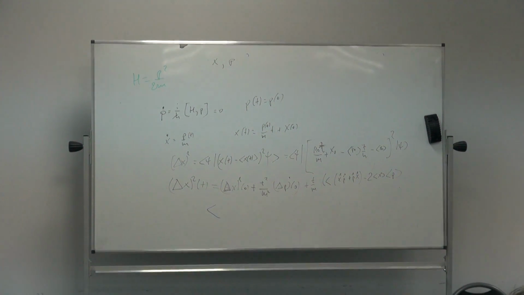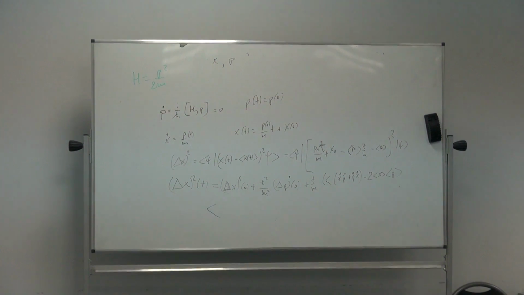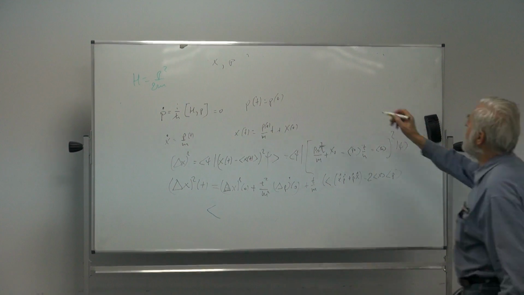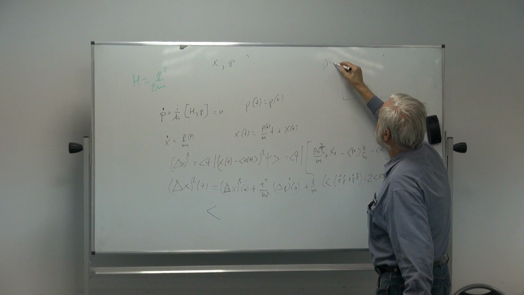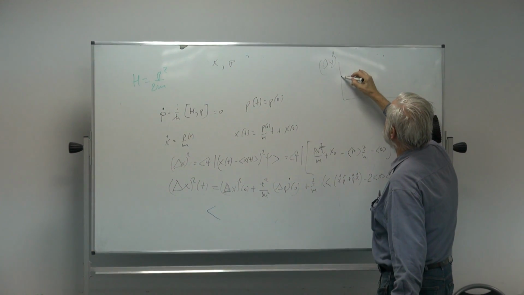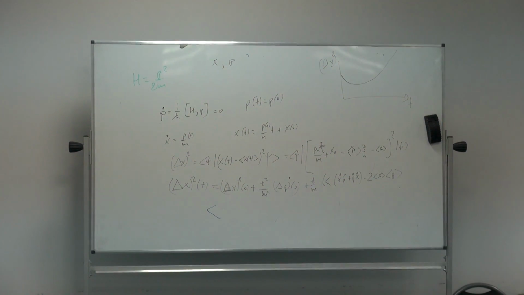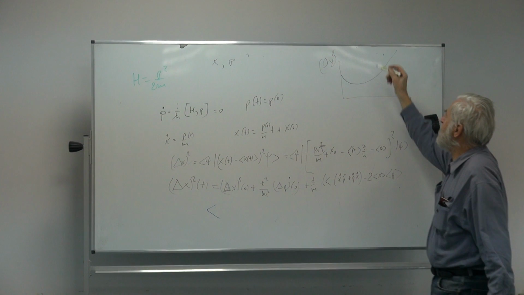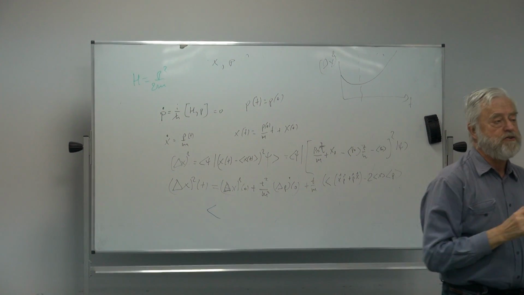Well, if there is sufficient correlation, so to say, between position and momentum. Therefore, quite generally, delta x squared versus time would typically go like this. It's parabolic, but for a while, for some specific times, wave packets can shrink.